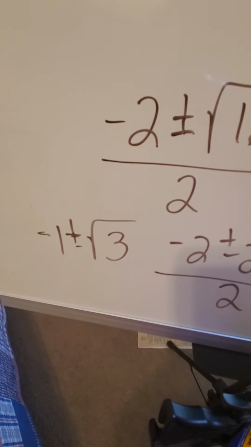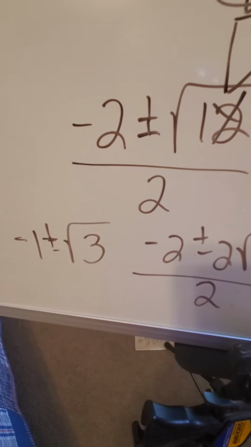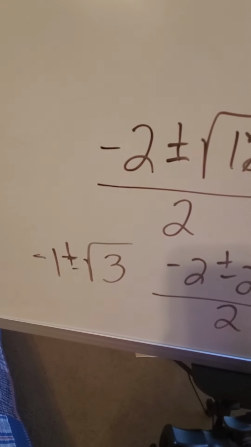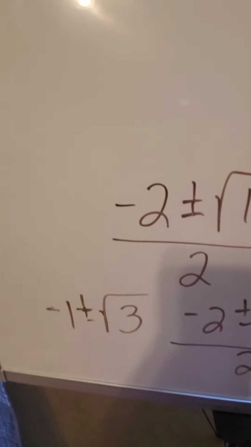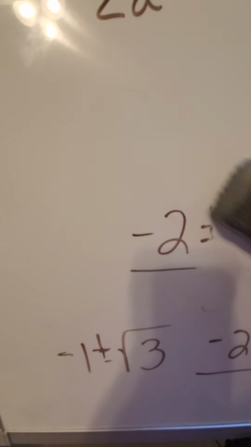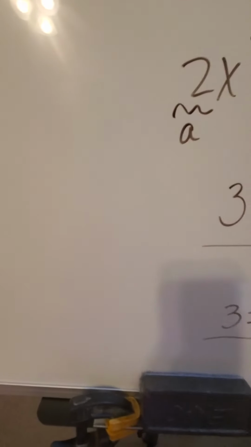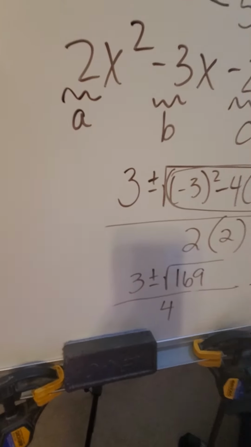Okay. Let's see, what's another scenario? That's the only ones I can think of right now. But yeah, if it comes out where you can take the square root of the number like we just did, then you'd have 1 plus, 1 minus, okay? So there's different ways it can look on your answers. But that's pretty much solving by quadratic formula.